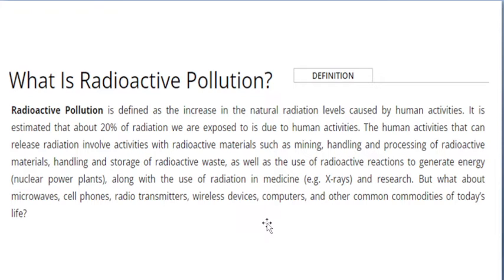The human activities that can release radiation involve radioactive materials, such as mining, handling and processing of radioactive materials, handling and storage of radioactive waste, as well as the use of radioactive reactions to generate energy, along with the use of radiation in medicine also.